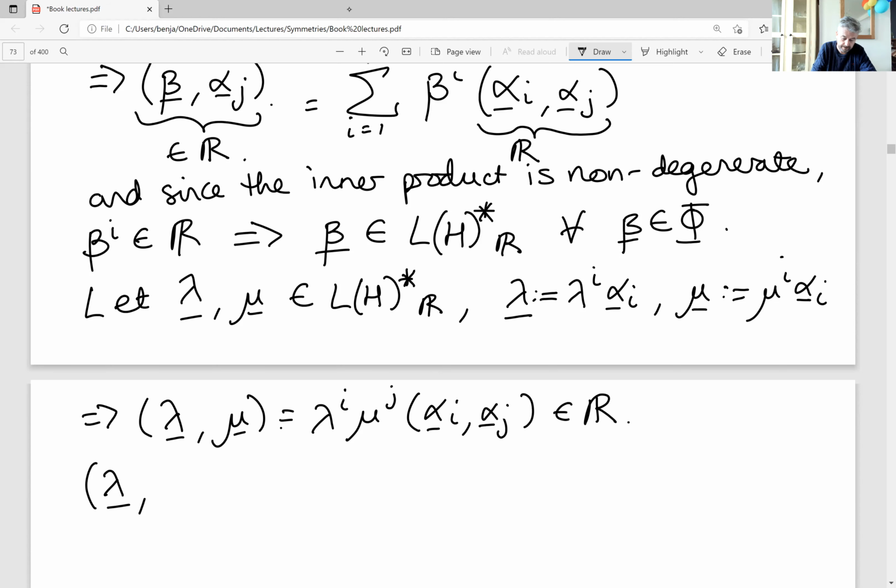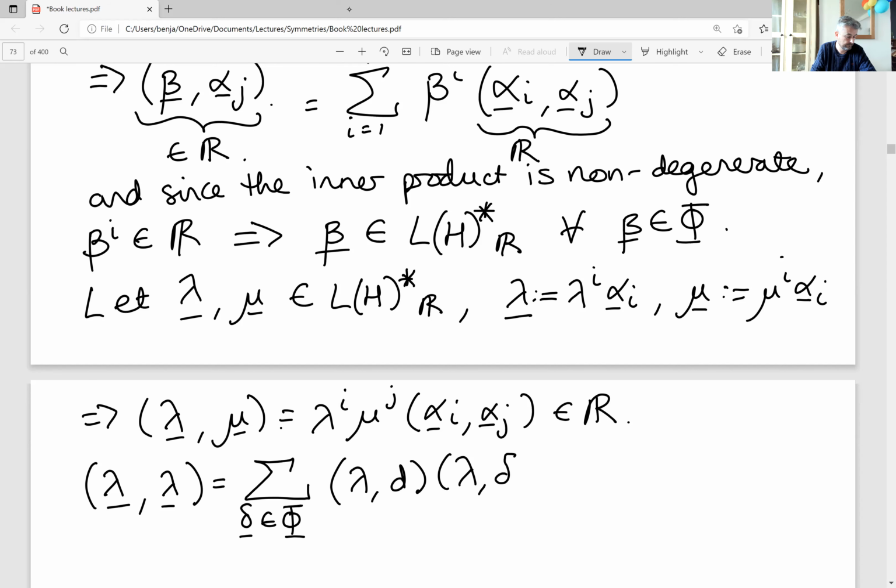And if I now consider the inner product of lambda with itself, well, this is the sum over all delta in the root set of lambda comma delta, lambda comma delta.